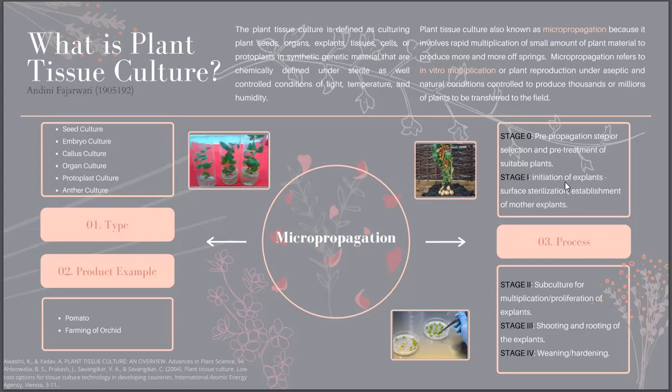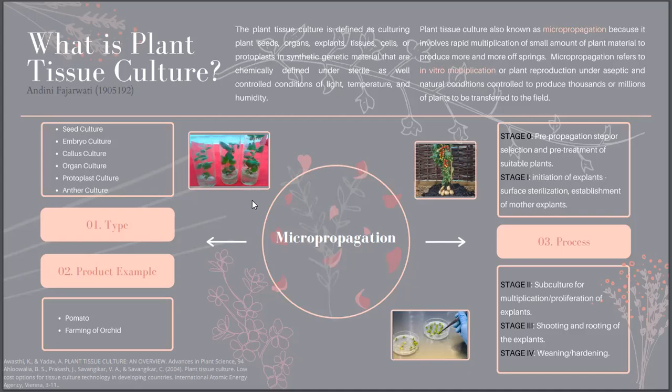So there are six types of plant tissue culture. The first one is seed culture. What is seed culture? The seed culture is the culture that uses explant, which is a seed, to form a new individual.